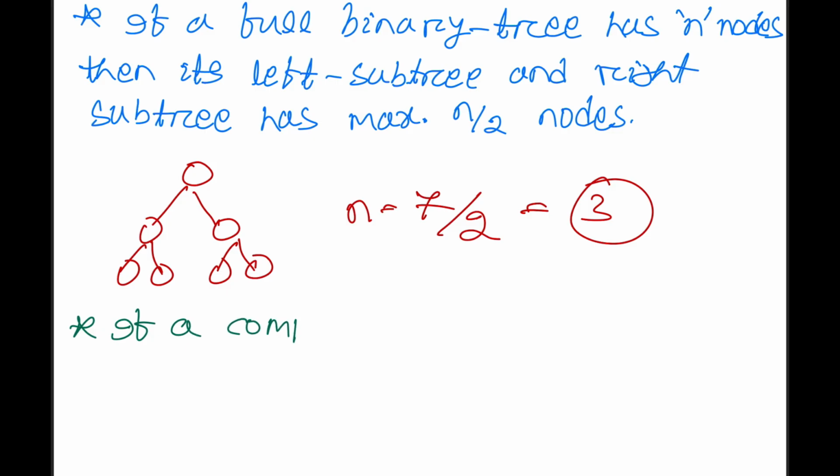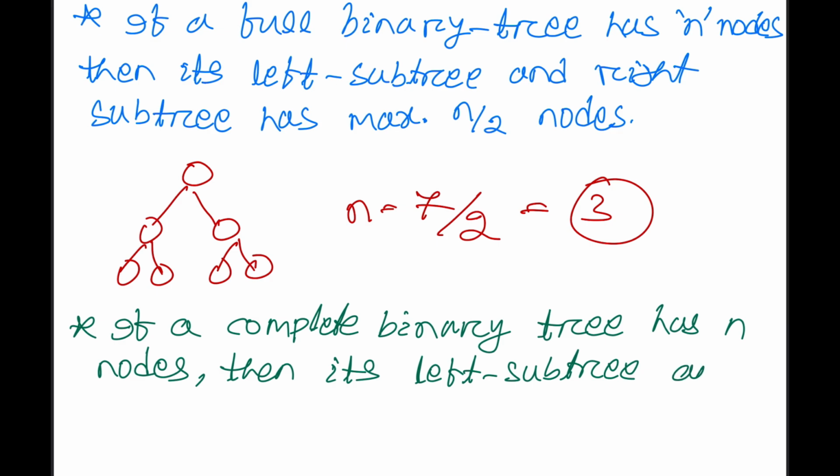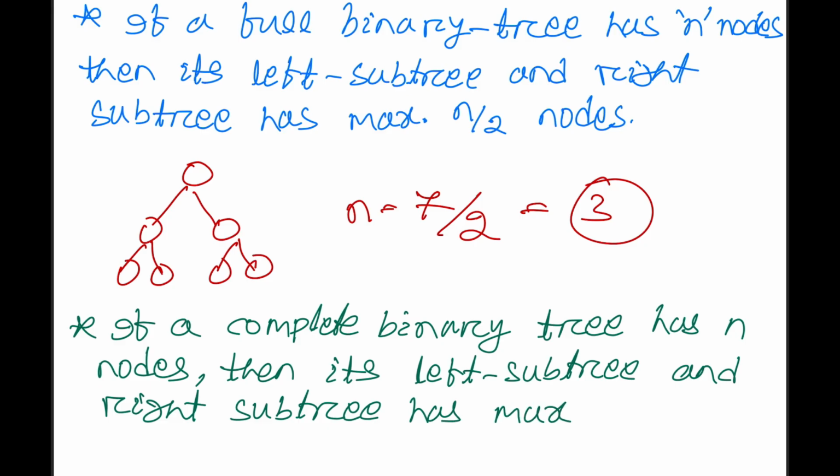If a complete binary tree has n nodes, then its left subtree and right subtree have a maximum of 2n by 3 nodes.